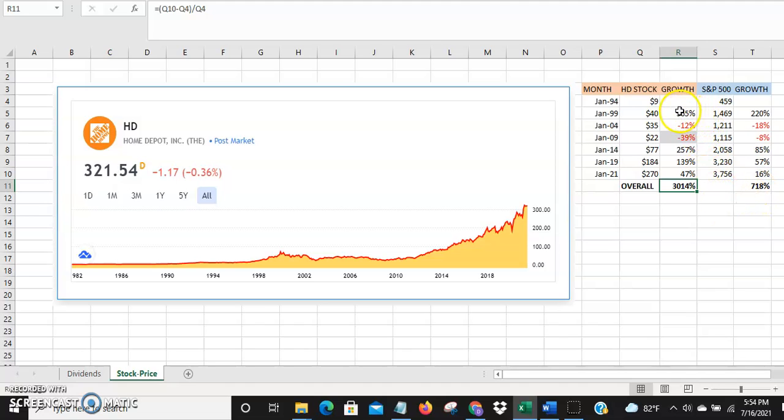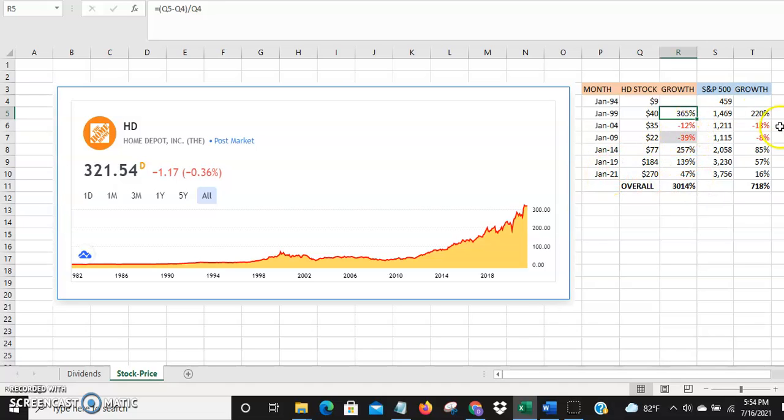And in each of these 5-year time periods, the growth is 365% from 94 to 99, and it lost 12% from 99 to 2004, 39% from 2004 to 2009. Then again it grew 257% from 2009 to 2014, 139% from 2014 to 2019, and 47% from 2019 to 2021.